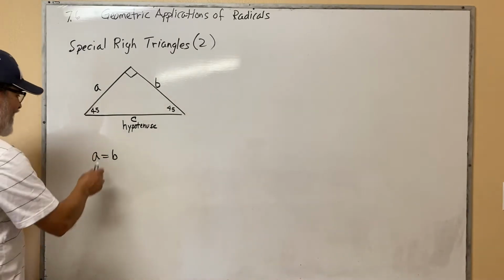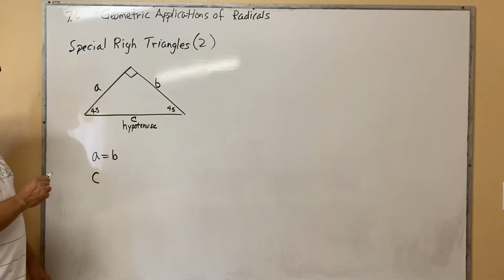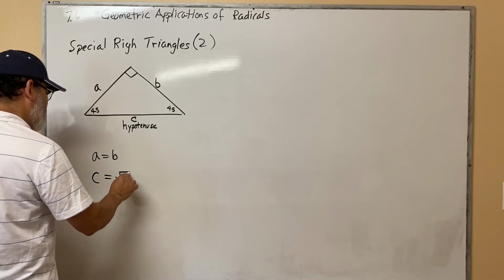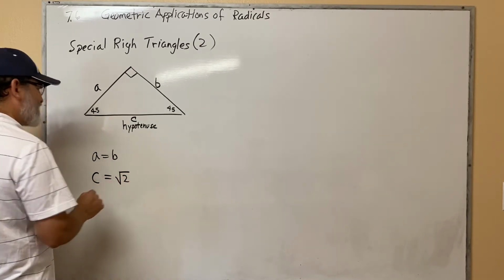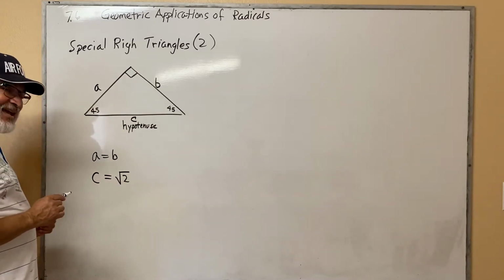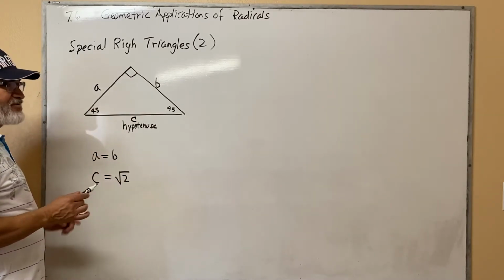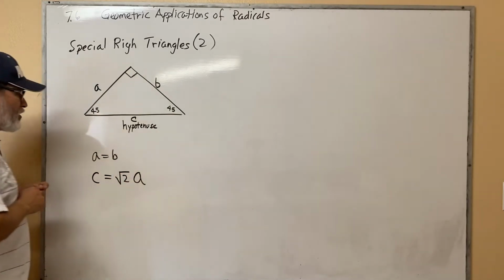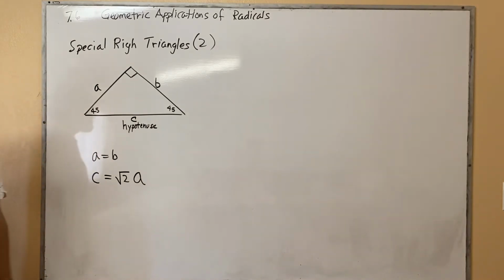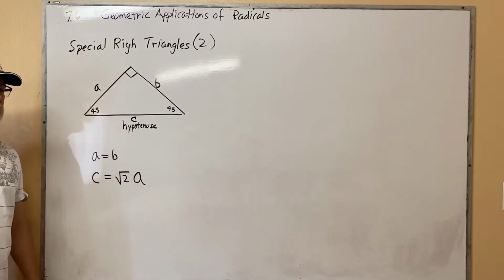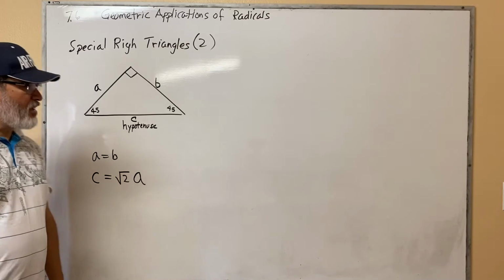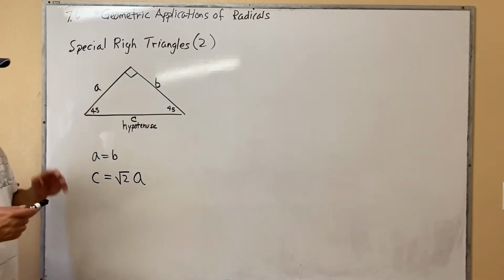The length of the hypotenuse, C, is the square root of 2 times the length of the leg. Because A equals B, it doesn't matter which leg. I'm going to say A. There you go. This is what you need to remember for a 45, 45, 90. They call it an isosceles triangle.